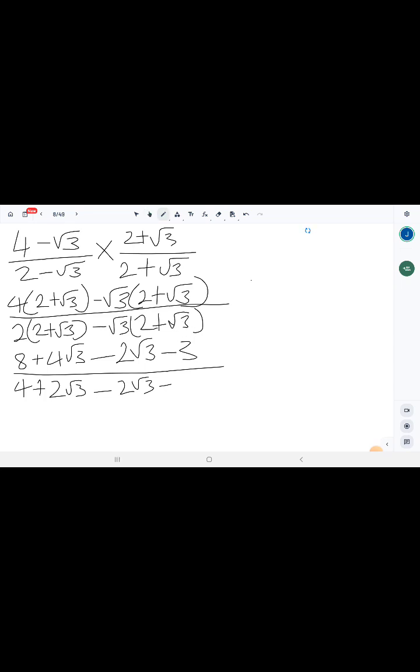So I'll just go ahead and write 3 here. Now note something, guys. You have plus 2 root 3 minus 2 root 3. They would cancel each other out.